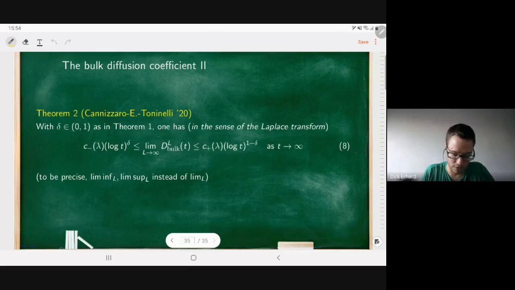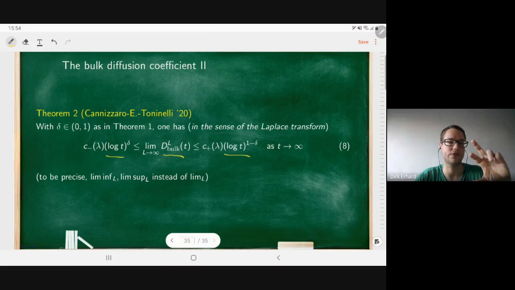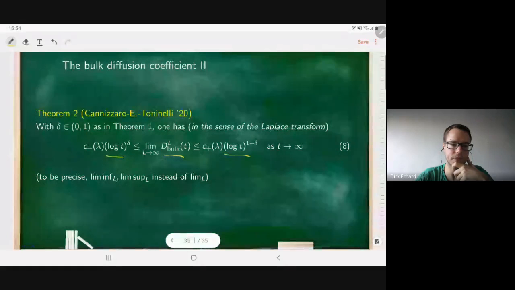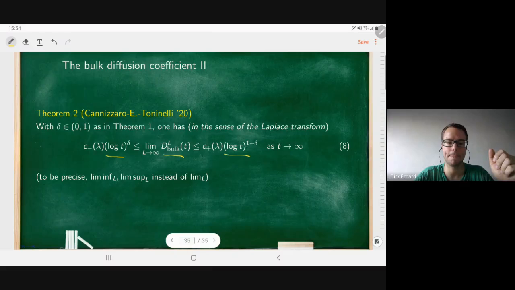It's a way of formulating this result a little bit more rigorously. So if you first send L to infinity, this diffusion coefficient is essentially between log t to the delta and log t to the 1 minus delta, which again is something that does not happen in the linear equation. So this way you create two observables that distinguish this anisotropic KPZ equation from the linear equation, which was surprising for us at first. Okay, so I think I would like to stop here.